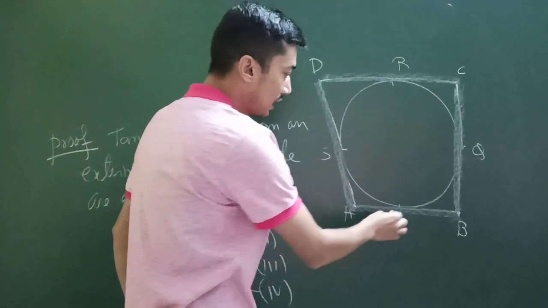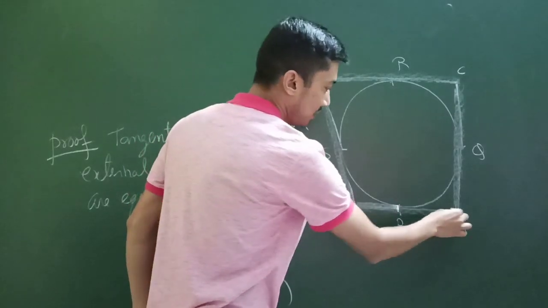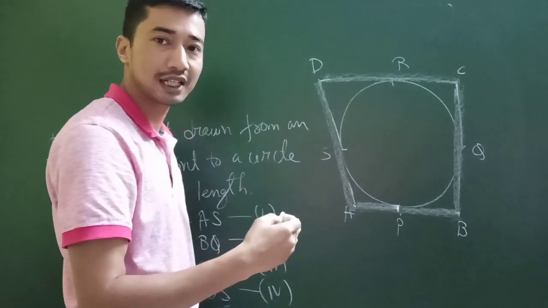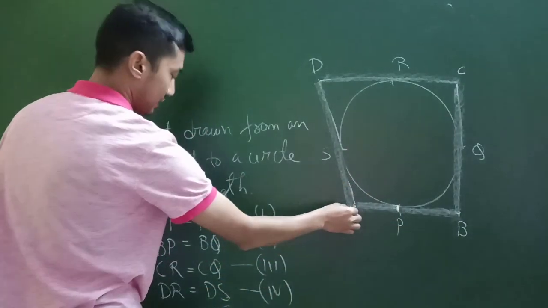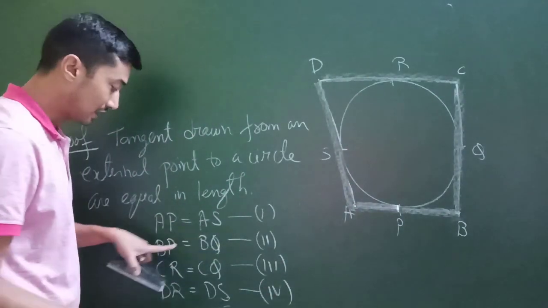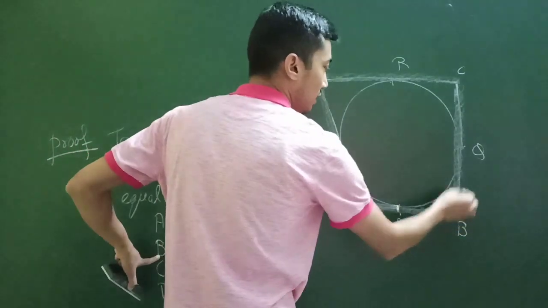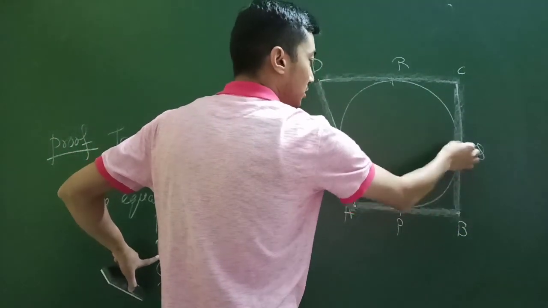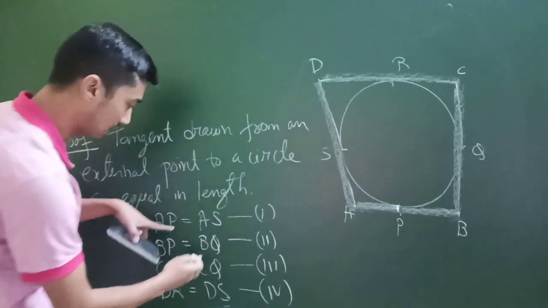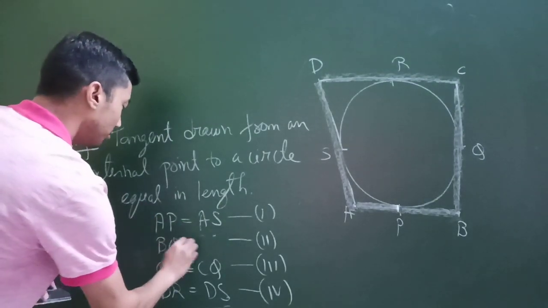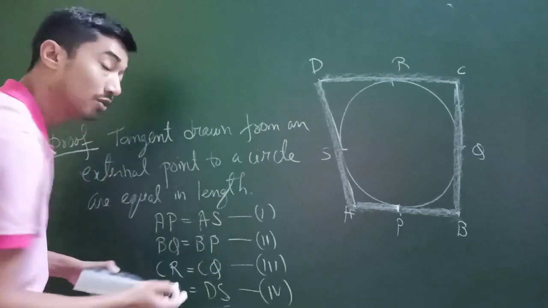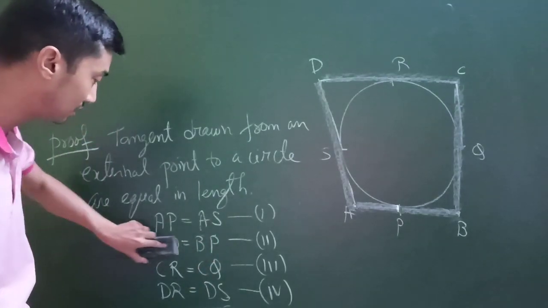I could have written BQ is equal to BP, just reversed, and it would be correct, but I did not write that.